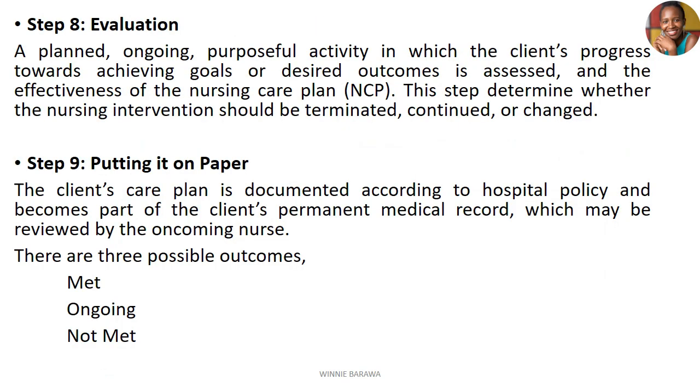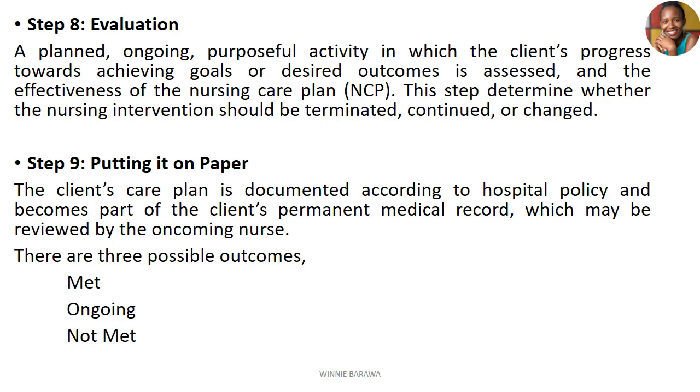And stage 8 is about evaluation. At the evaluation level, you are monitoring the current status your patient is at. This is a planned, ongoing, purposeful activity in which the client's progress towards achieving goals or desired outcomes is assessed, along with the effectiveness of the nursing care plan.